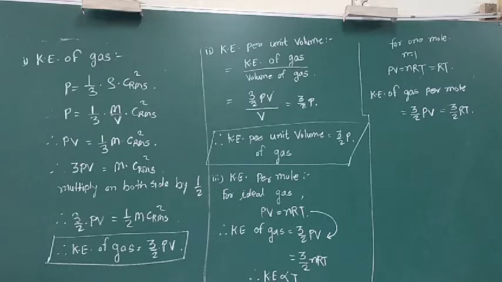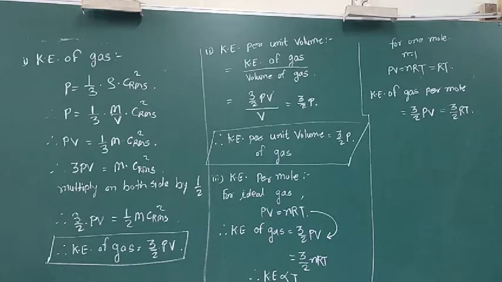Therefore PV is equal to 1 by 3 m CRMS square, so 3 PV is equal to m CRMS square. Multiplying both sides by half, we get kinetic energy of gas equal to 3 by 2 PV. Next, kinetic energy per unit volume: divide the kinetic energy of a gas by the volume of the gas, so we get 3 by 2 P.